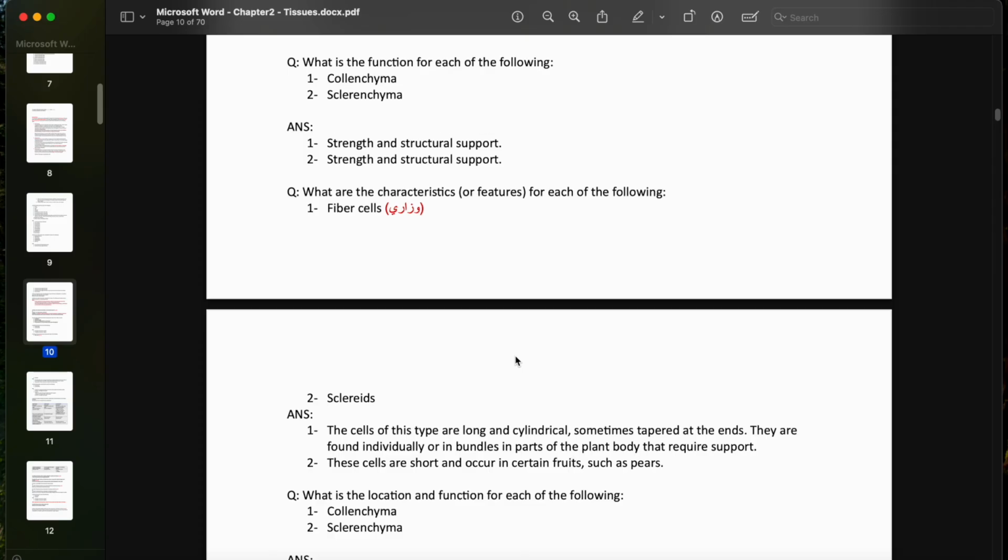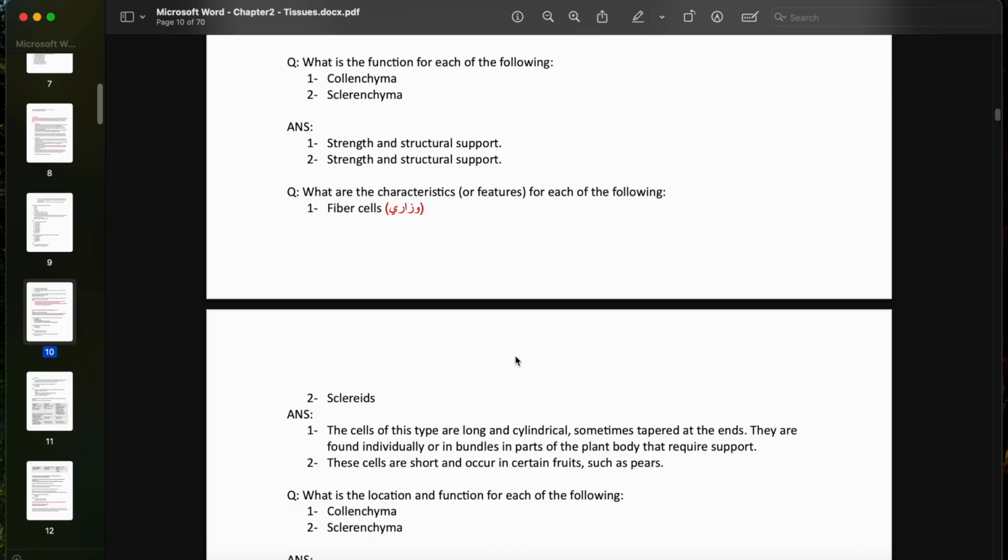What are the characteristics or features for each of the following? The fiber cells. Extremely important questions. The fiber cell, just write down what you know about it. We've discussed it. We said that the cells here are long and cylindrical, sometimes tapered at the end.